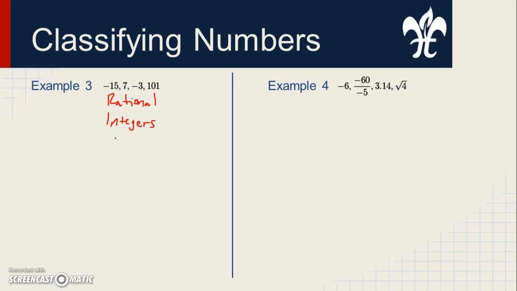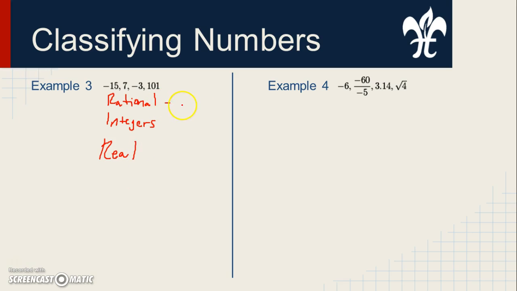Are they all whole numbers? Well, because we have these negatives here, negative 15 and negative 3, they are not whole numbers. They do not fit in that whole number category because they have these negatives, which makes them exclusively integers. So we know that these are rational numbers, they're integers, and they're also real. All the numbers we're talking about are real numbers right now.